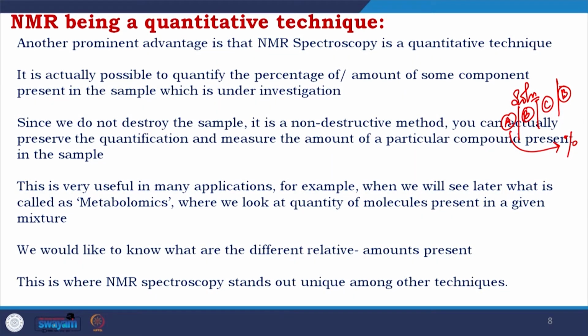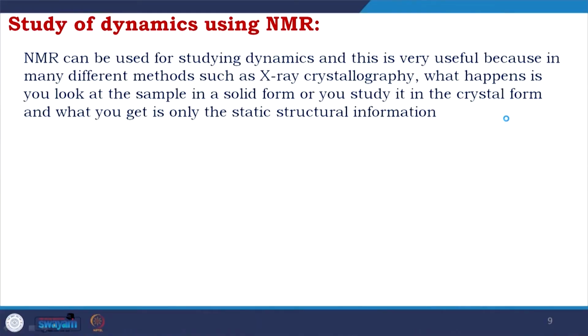If those are not enough, NMR is also helping us study dynamics. So, NMR can be used for studying dynamics, and this is very useful because in many different methods such as X-ray crystallography, what happens is you look at the sample in a solid form or you study it in the crystal form, and what you get is only the static structural information, which means a set of coordinates.